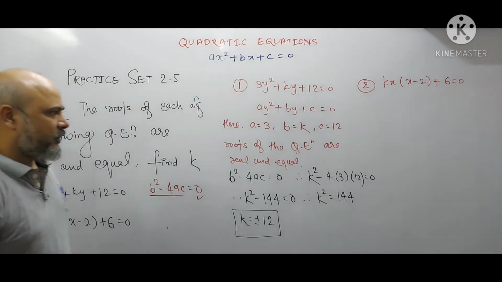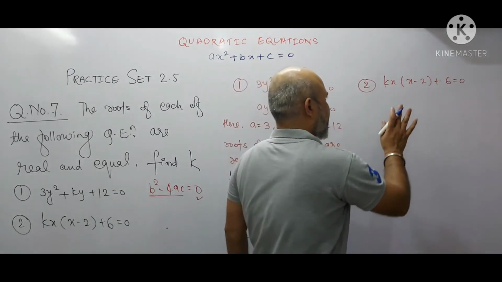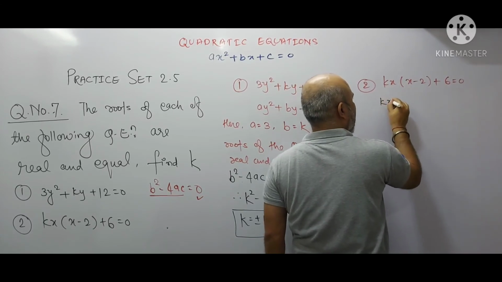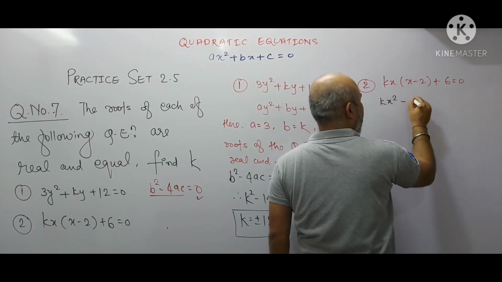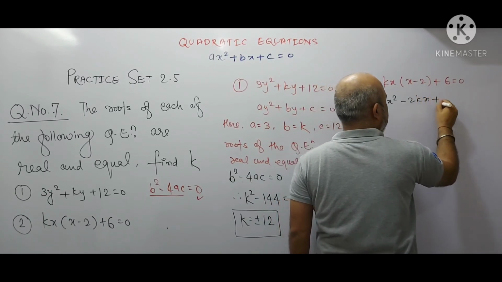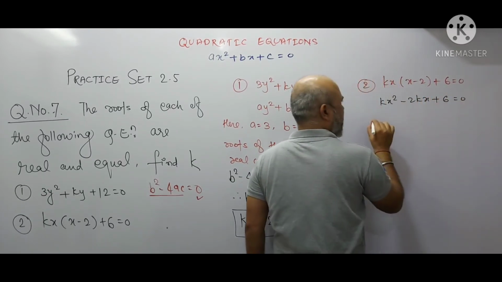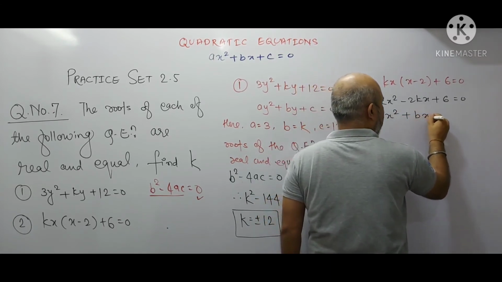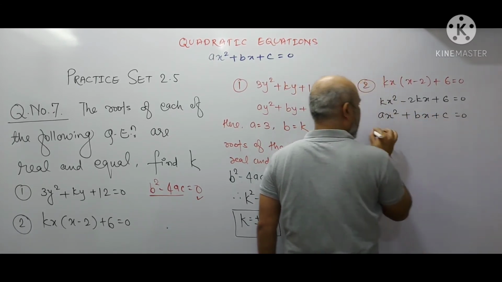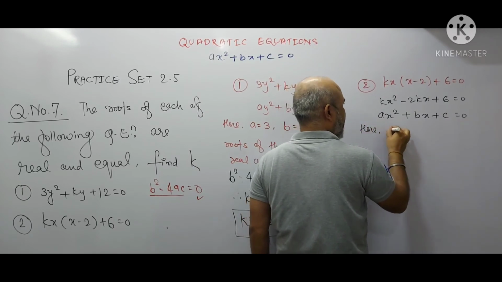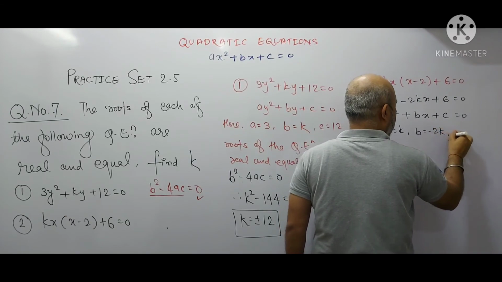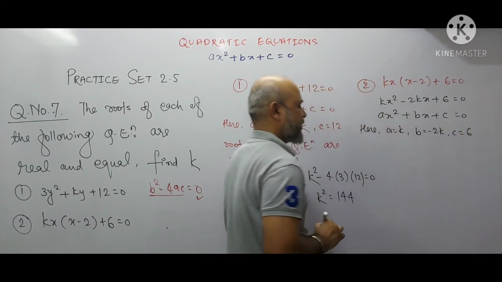Okay, students. Now, in the second equation, first we'll multiply. Multiply this with x, so we will get kx square minus 2kx plus 6 is equal to 0. Compare with the standard form, ax square plus bx plus c is equal to 0. Here you will get a is equal to k, b is equal to minus 2k and c is equal to 6.